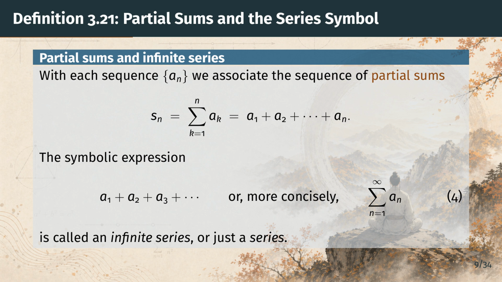Then, in the second display, we introduce the symbol we will actually use for the rest of the chapter, capital sigma with n running from 1 to infinity. The crucial point is what this symbol does not yet mean. At this stage, it is a symbol, not a number. It carries no value until we ask whether the partial sums it stands for actually converge. Giving the symbol a numerical meaning is the job of the next slide.